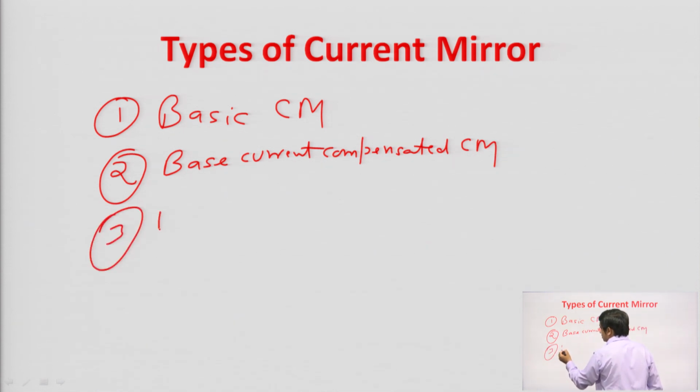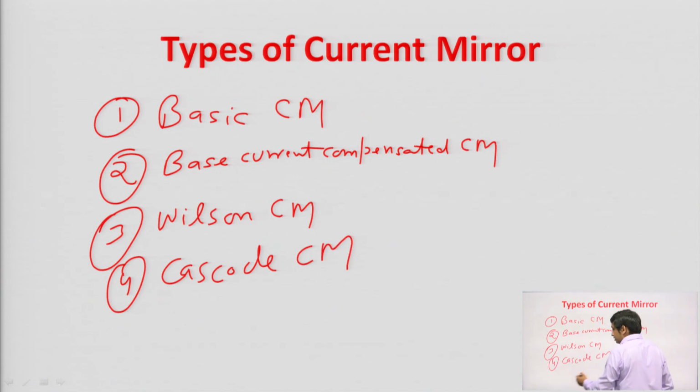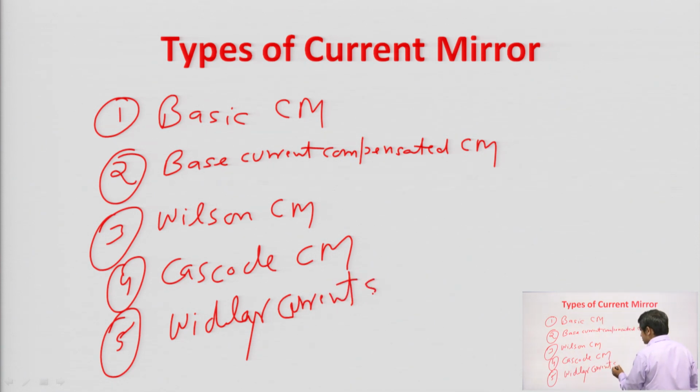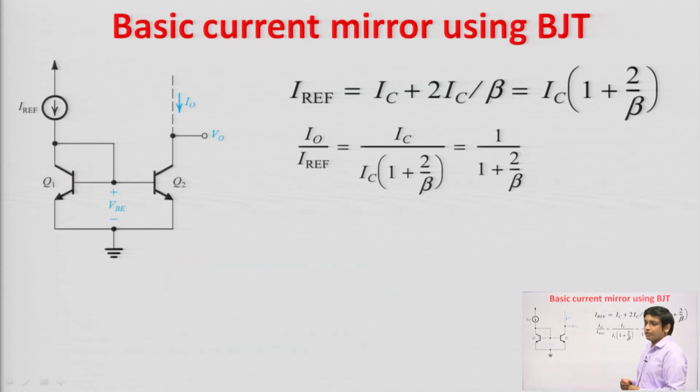Another one is the Wilson current mirror, the cascode current mirror, and one more, which normally we call a current source, that is the Widlar current source. There are other types of current mirror also, but we will be restricted to only these current mirrors. So, starting with the basic current mirror, firstly I am going to discuss the basic current mirror using BJT.